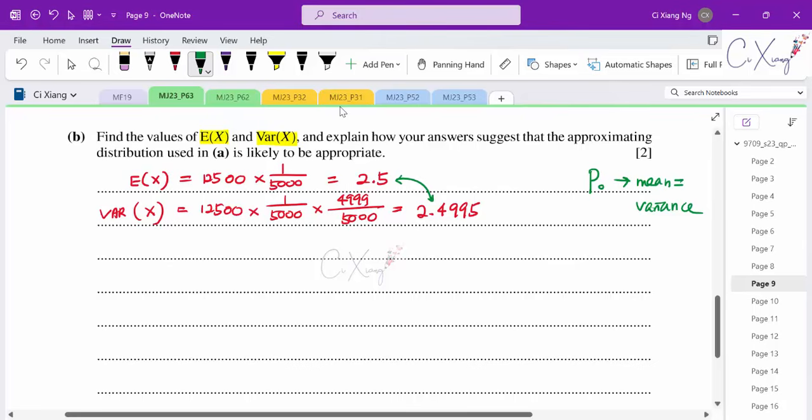You can see that they are very close to each other, almost the same. Therefore, we can change binomial to Poisson for this particular question. So you can tell them the reason is that the mean and the variance are almost equal. That's why it is valid to change binomial to Poisson distribution to calculate the probability. Okay, so this is how we answer the question.